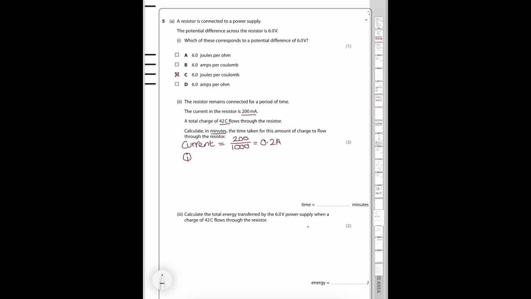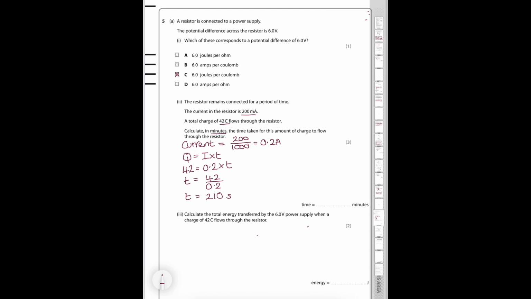The equation that we have to recall is charge is current times time. And if we input our numbers, our charge, which is 42, is our current, which is 0.2 amps, times our time in seconds. Our time, therefore, would be 42 divided by 0.2, and our time works out at 210 seconds.